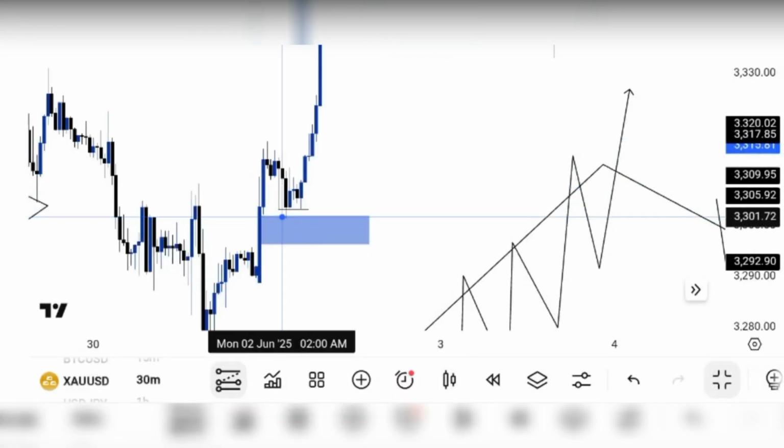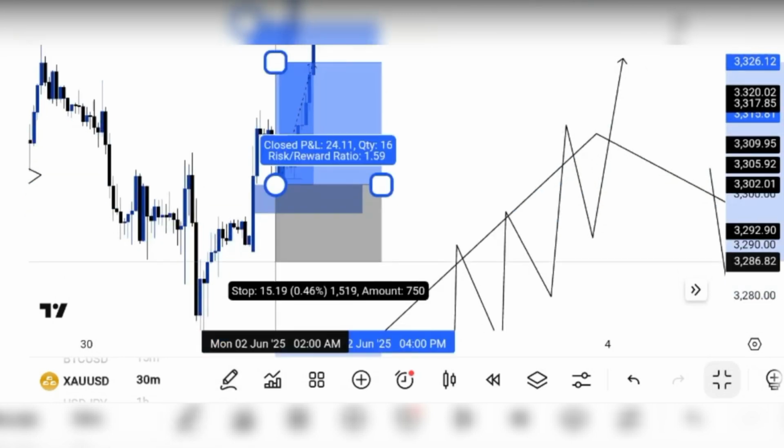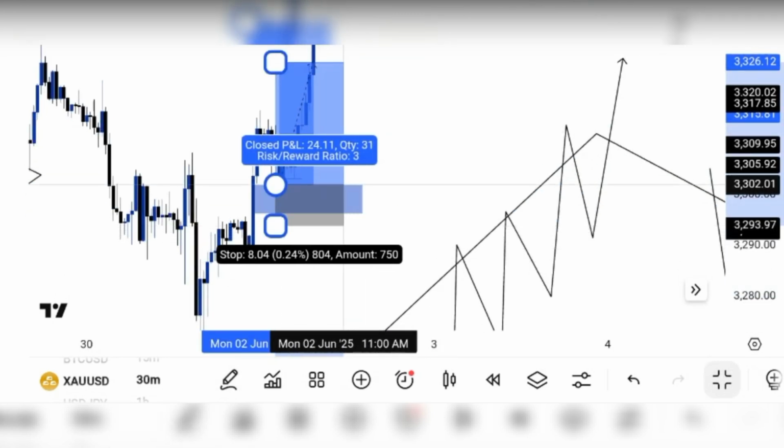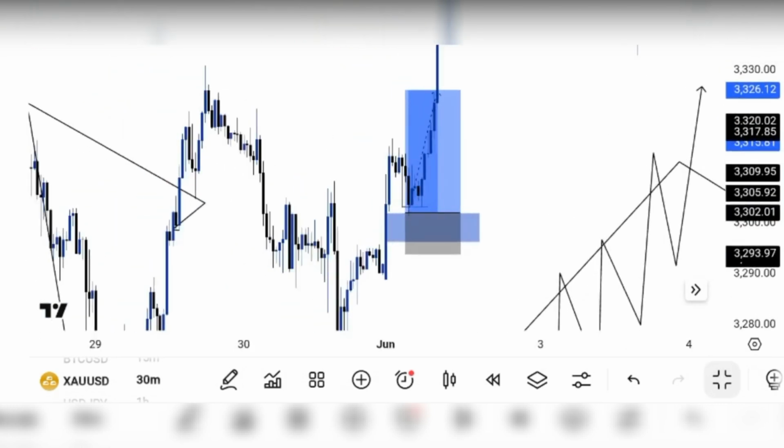So just put your entry on the fair value gap, but make sure you have liquidity. Liquidity is very important. Without liquidity, price will not respect your entry. No matter the entry you use, if you use a fair value gap without liquidity, price may not respect your entry.